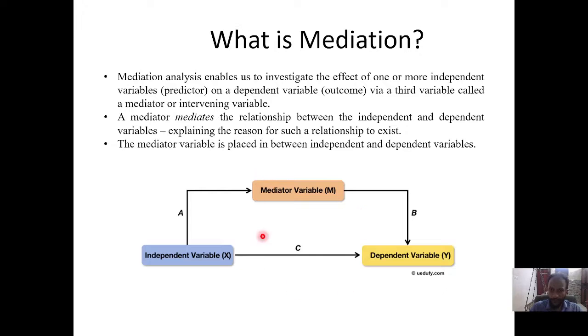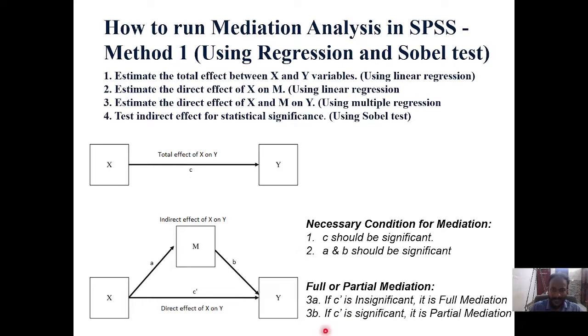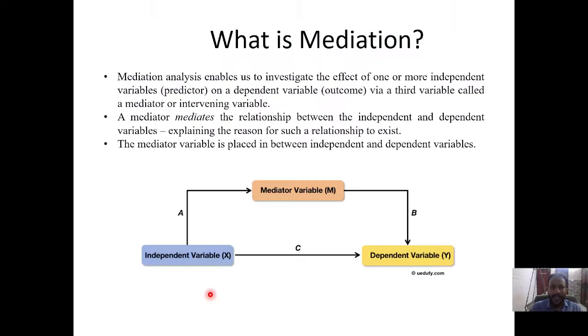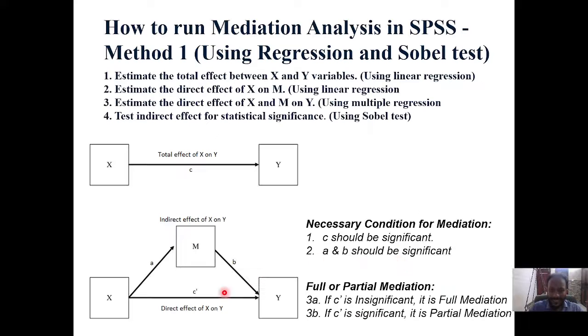Whether you draw this one or this one, both have the same meaning. When X is directly impacting Y, we call it the direct effect. And of course, here you can see that X is not affecting Y alone. X is affecting Y along with M.